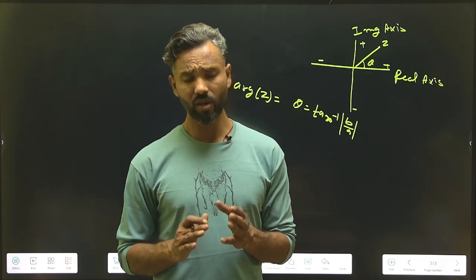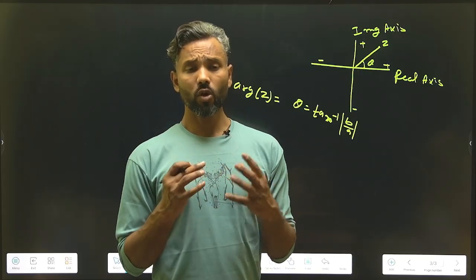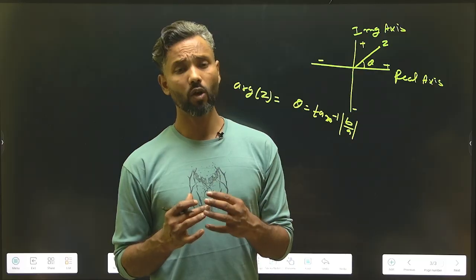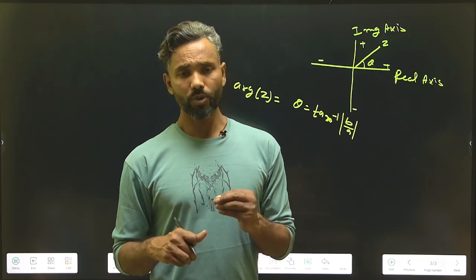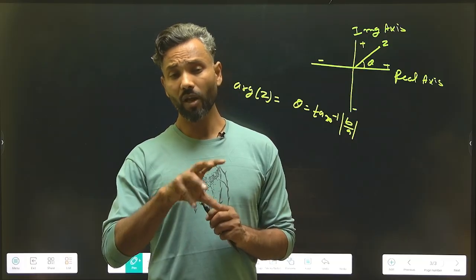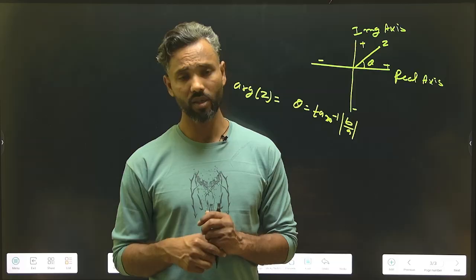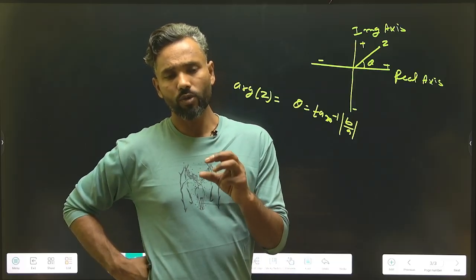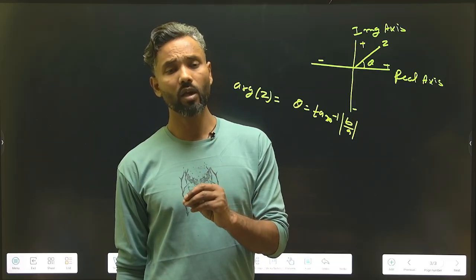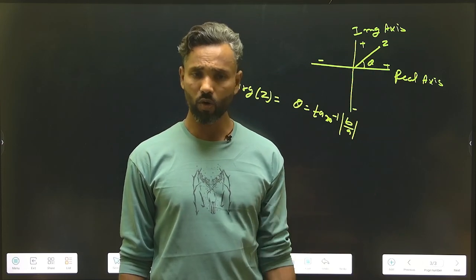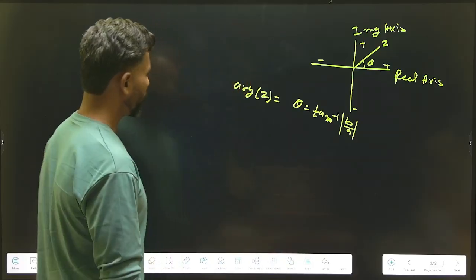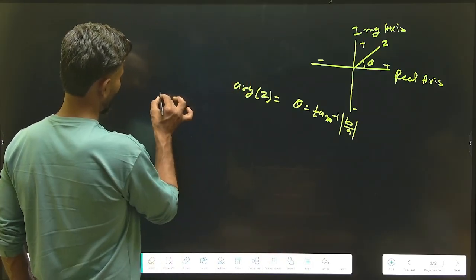In the examination, the examiner is going to provide the values of the argument in the principal form. So in the options we are going to get the principal argument. So we have to learn how to calculate the direct principal value of the argument of any given complex number. Firstly, we should know what the principal argument is.